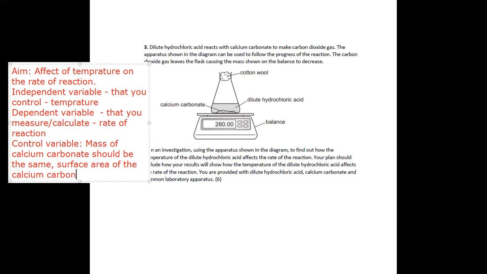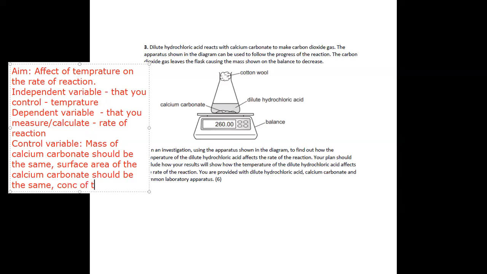In all the experiments I'm doing, I should make sure that the surface area of my calcium carbonate is the same. So if I'm using, for example, powder, I will use the same powder in both of them. That will make sure that everything is the same except for temperature, the independent variable.